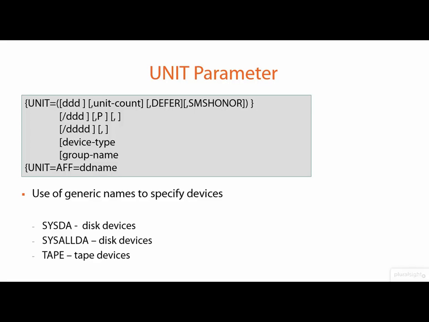And that gives us a generic access to all of the devices of that particular type. We do not have to worry about specifying a specific location, since storage administration policies and installation standards will govern where the data sets can be allocated. So as a coder of JCL, we do not have to concern ourselves with where specifically something gets located.